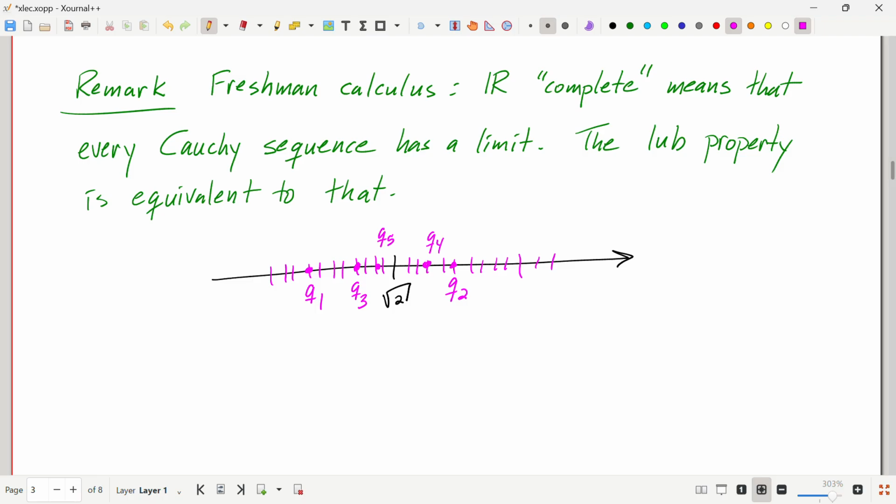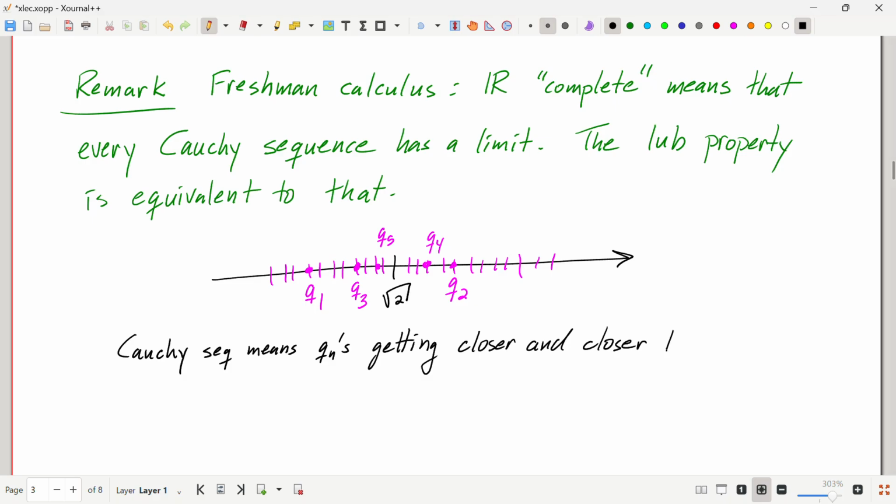The Q's are getting closer and closer together. And you can believe from that picture that they're going to converge on the square root of 2. So a Cauchy sequence means the Q sub n's are getting closer and closer together. Completeness means they have to get close to a limit.